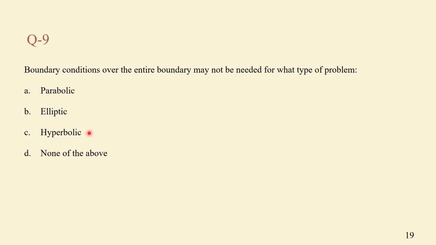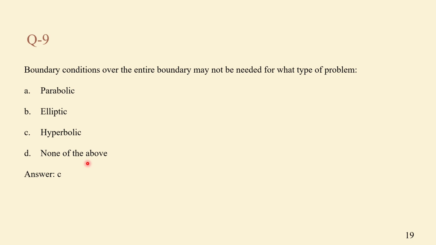So what is given here is that boundary conditions over the entire boundary are not needed for hyperbolic problems. In a parabolic equation, we'll be using the boundary conditions around the point.